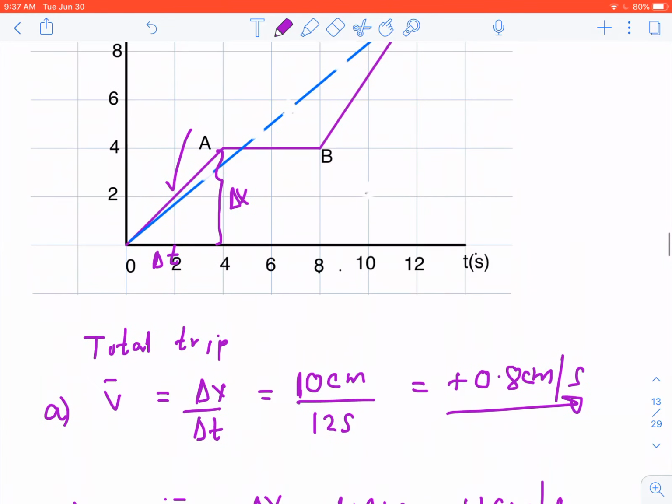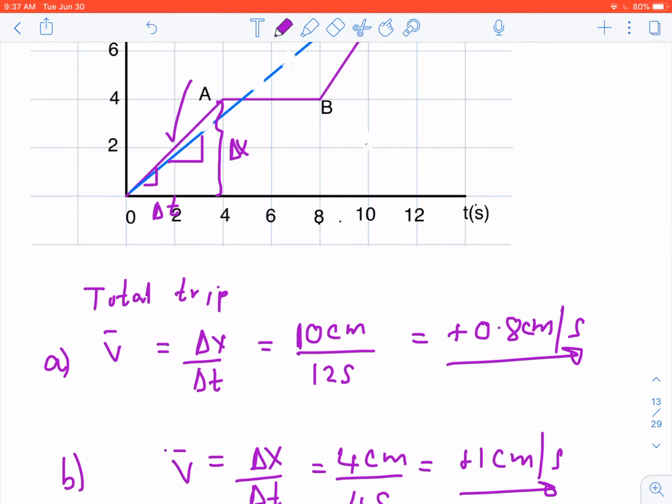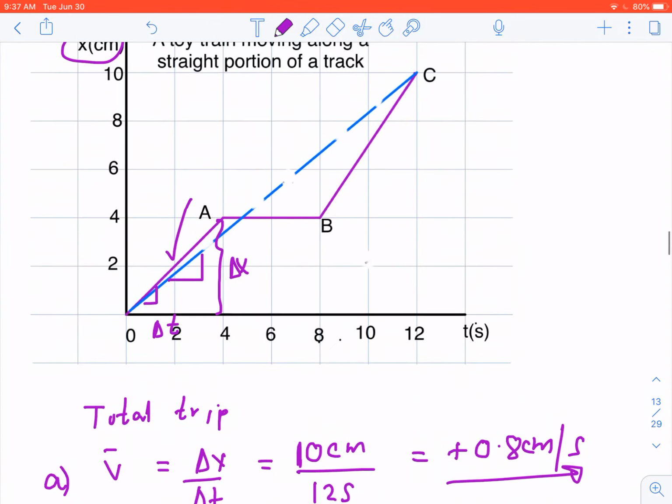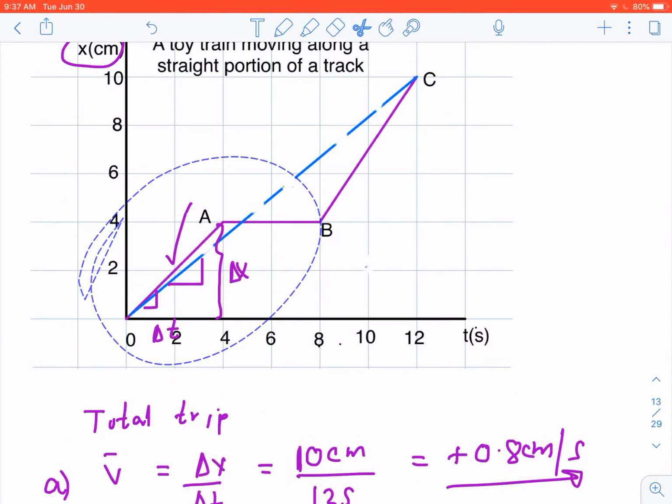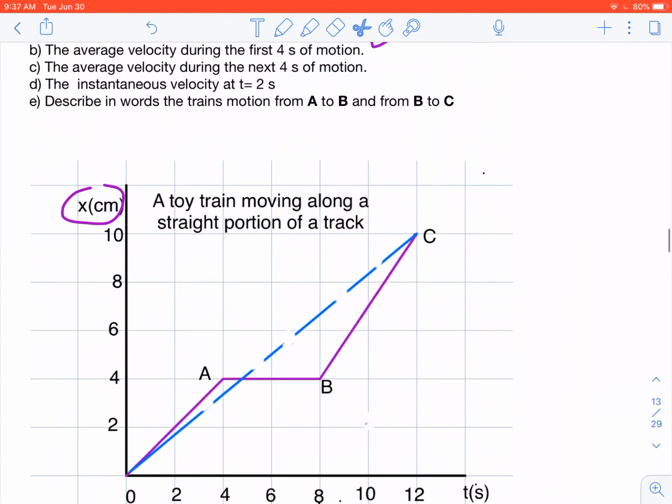Any slope we take along the origin and A, we'll find that velocity is constant.